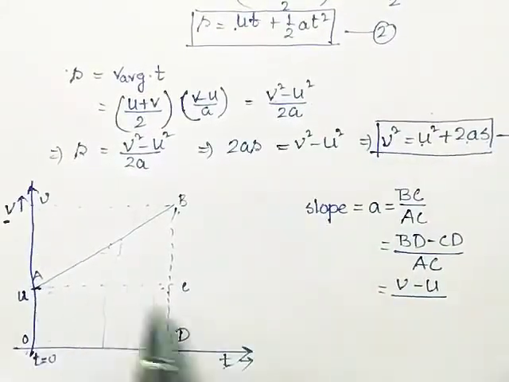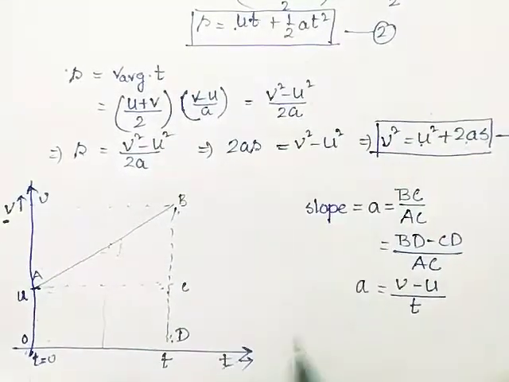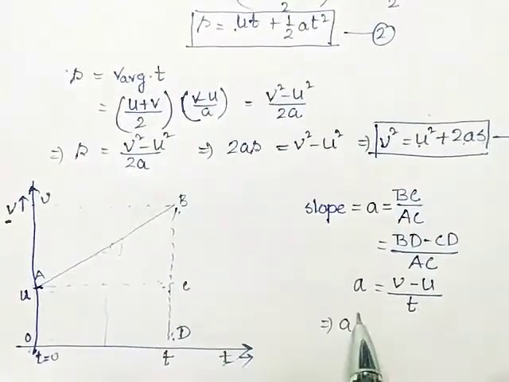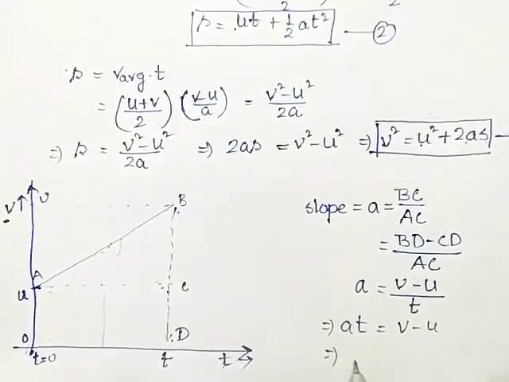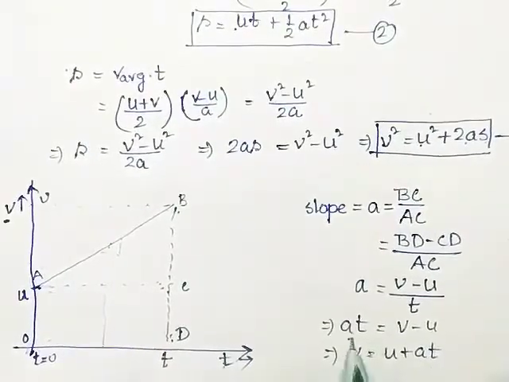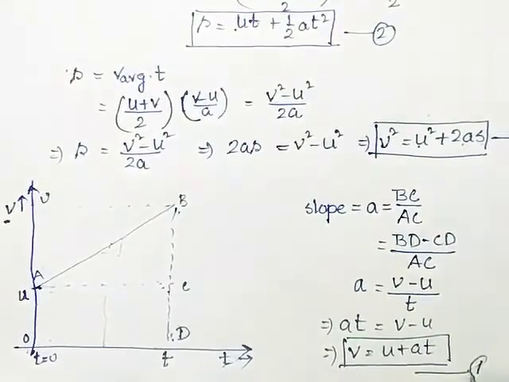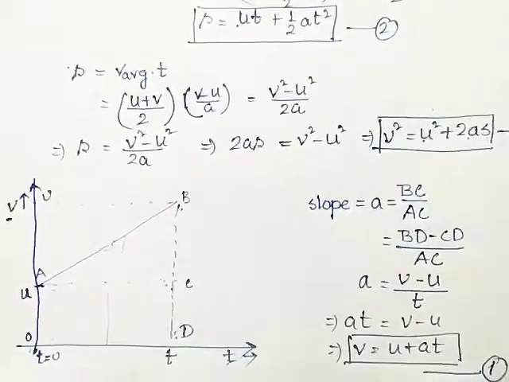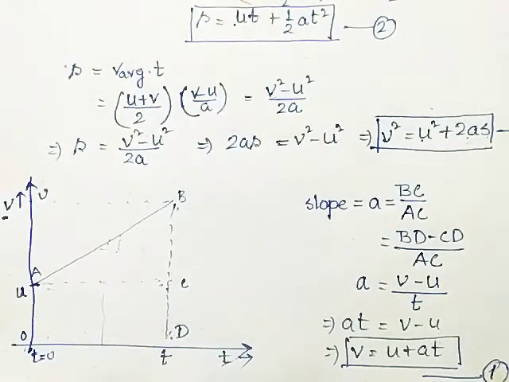What is AC? AC is basically t. So this is equal to a. If I multiply it here, it will be at = v − u. So it will be v = u + at. The first equation of motion we can obtain from the slope of the velocity-time graph. If a particle moves at constant acceleration, if it starts with velocity u and after time t its velocity becomes v.